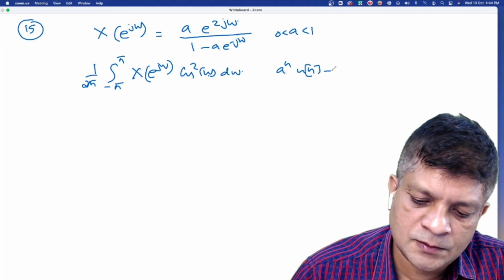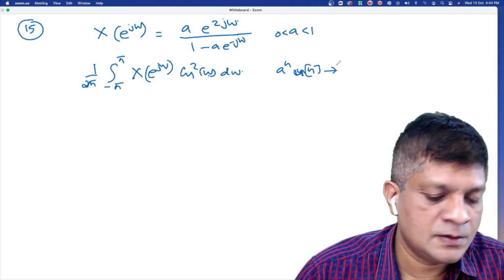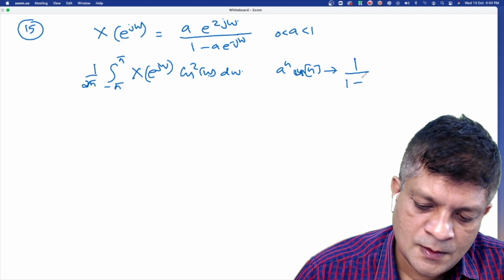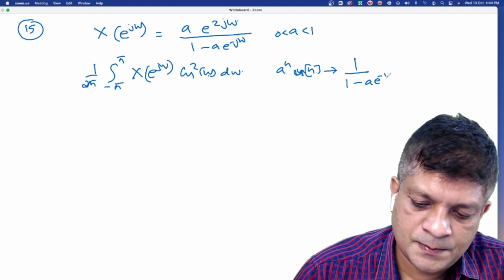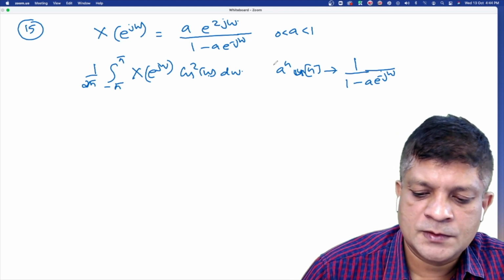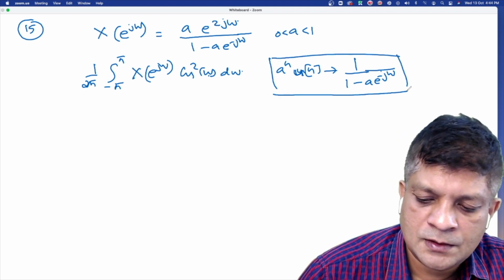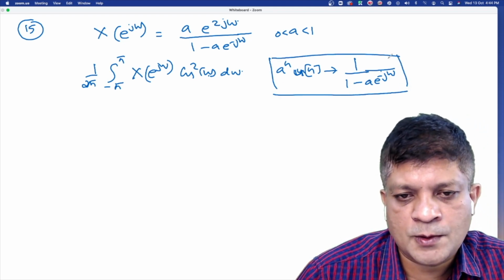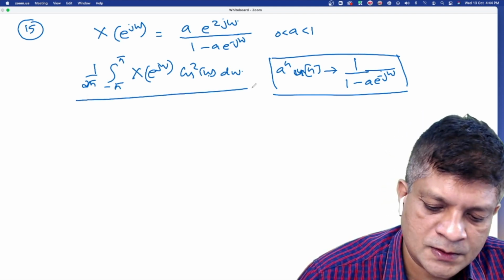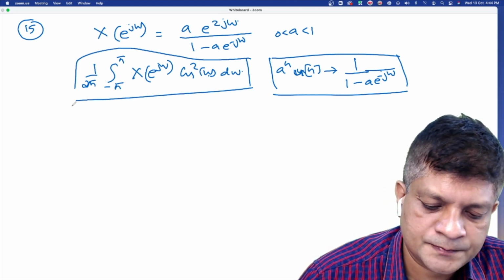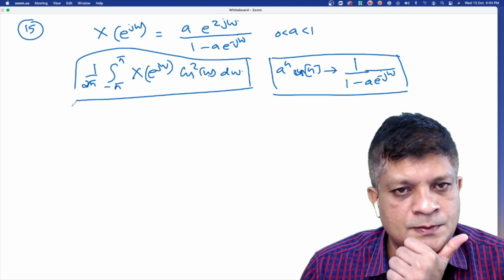What is the Fourier transform of this? It is given in the formula sheet. It is 1 upon 1 minus a e to the power minus j omega. This is a standard result. Using this result and properties of Fourier transform, you have to evaluate this integral. That is the question.